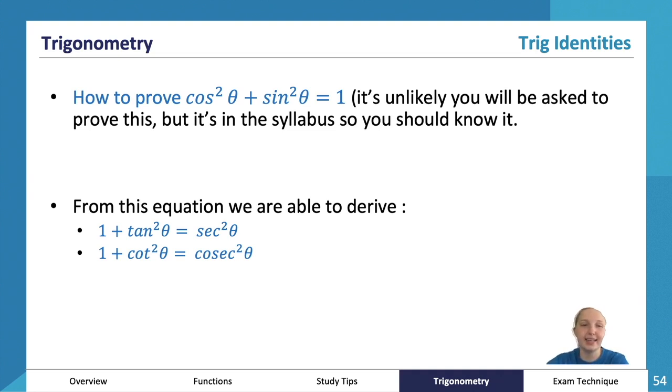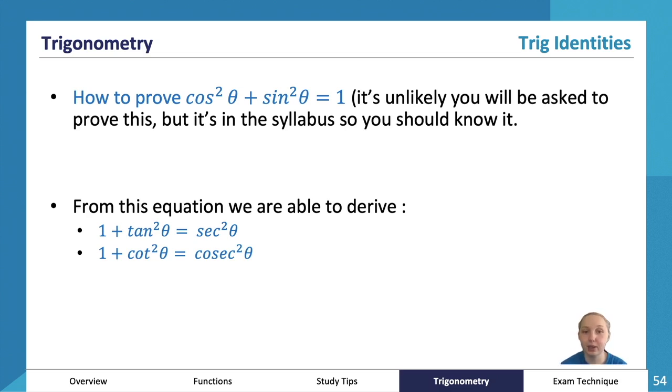Something else to know with trig is about trig identities. Looking at how to prove cos squared theta plus sine squared theta equals 1 is actually one of your syllabus points. I'm going to say it's pretty unlikely that you're going to be asked to actually prove this. I've never personally seen it in a question, but it is in the syllabus, so you do need to know it.